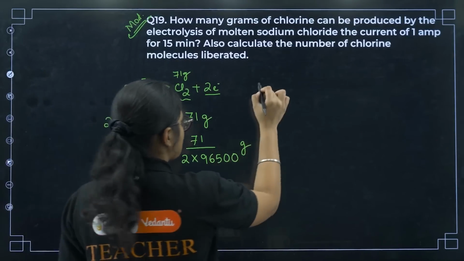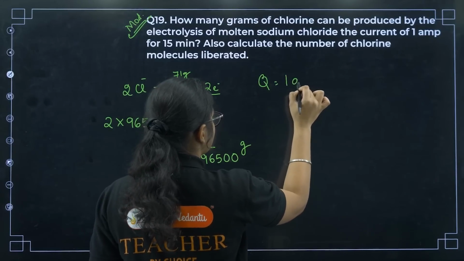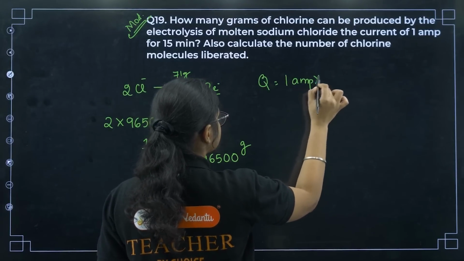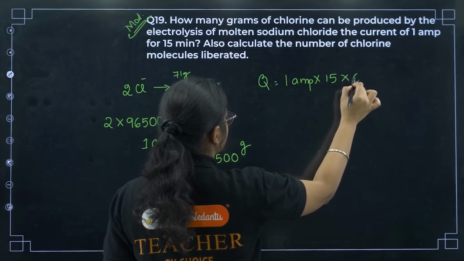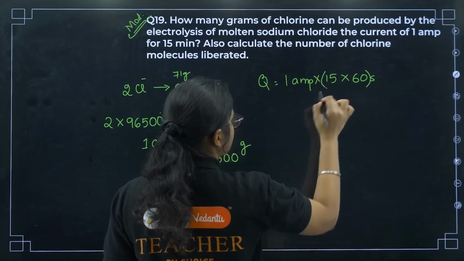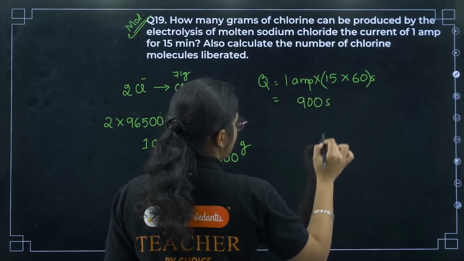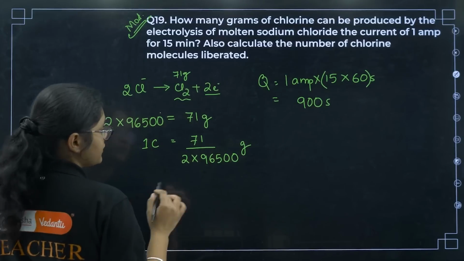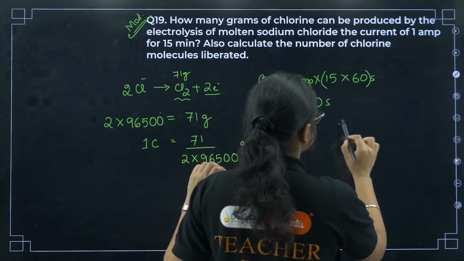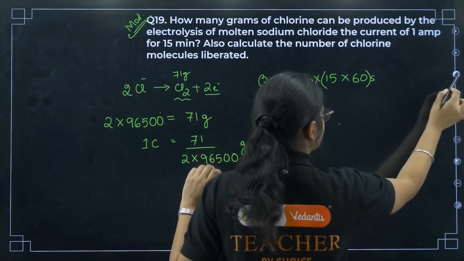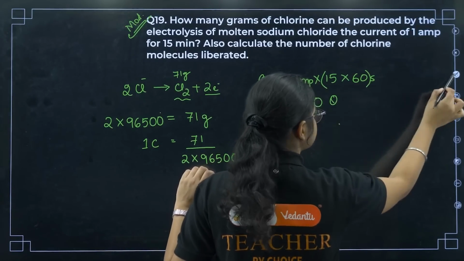So total charge I have here is 1 ampere into 15 minutes into 60 seconds, that will give me 900 seconds, so 900 coulombs.